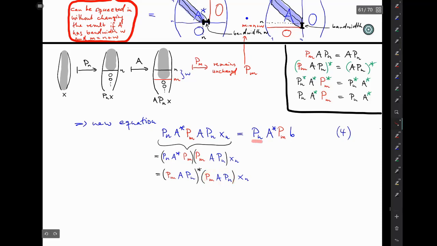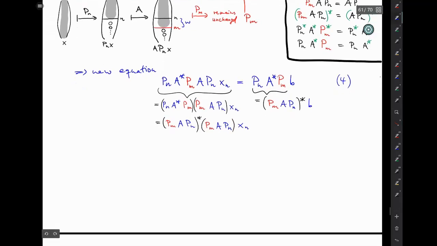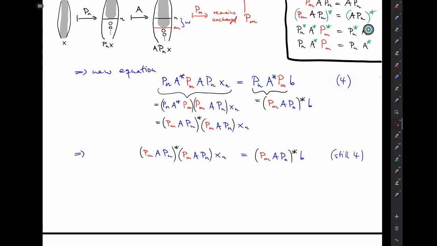We can even do that here. Okay, and I think now that's good enough to rewrite equation 4 again, which is still the same equation 4, only looking a bit nicer. And maybe let's label this bracket here with, should we call it BN? So that here and here we get BN star.